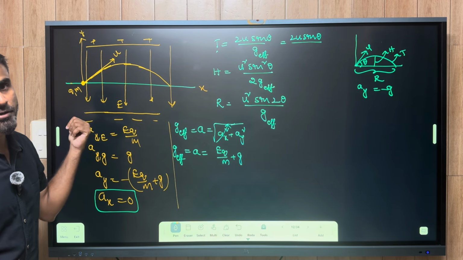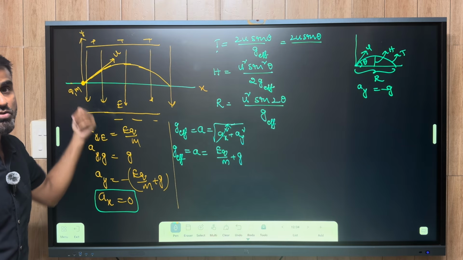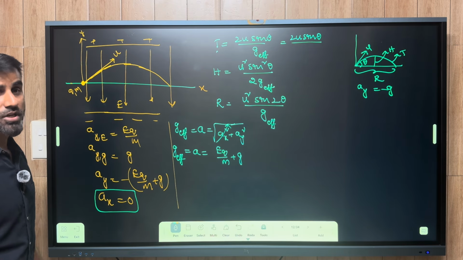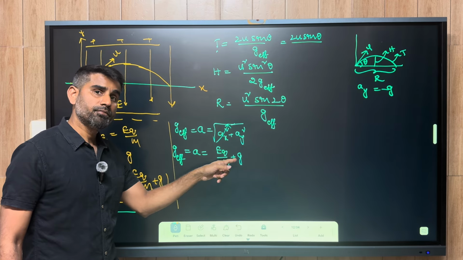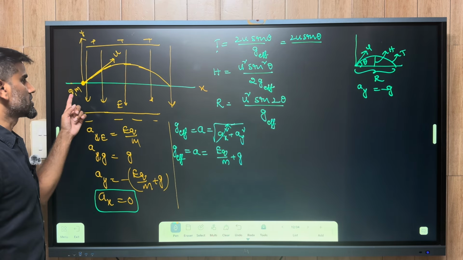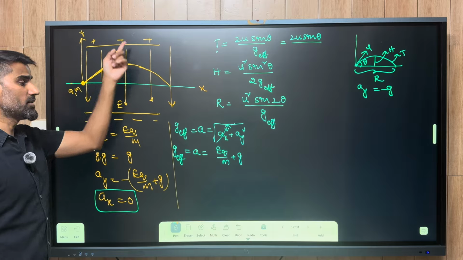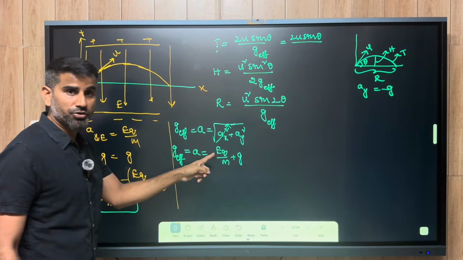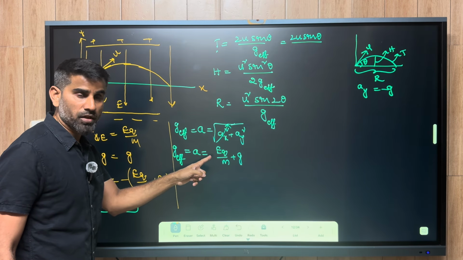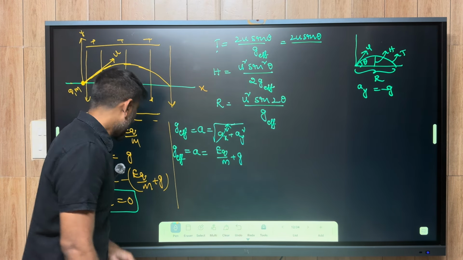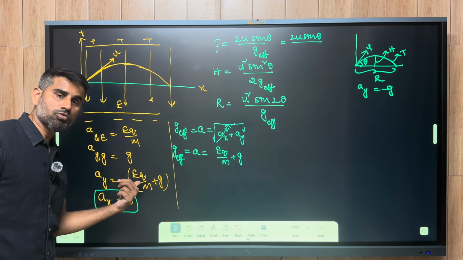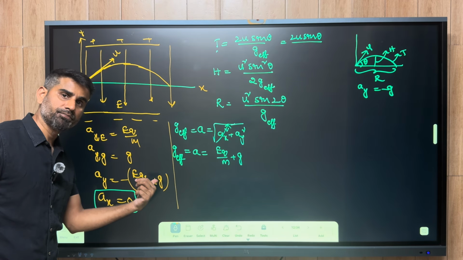What if I would have taken a negative charge? In that case, minus Eq by m, since for a negative charge it will act in the upward direction, so this will be positive. In the earlier case, both of them are pointing in the downward direction, so I have taken a negative sign for both of them.